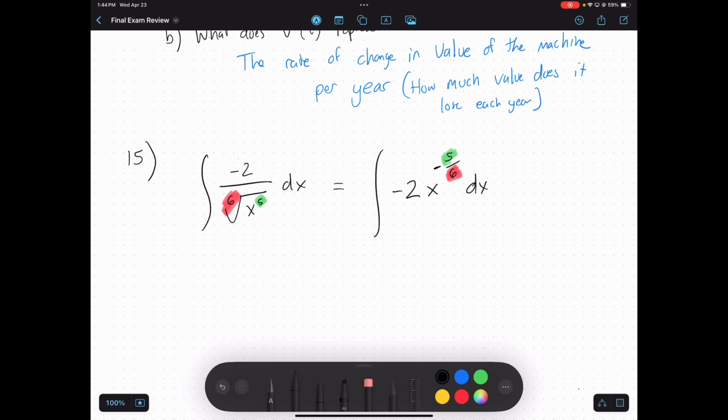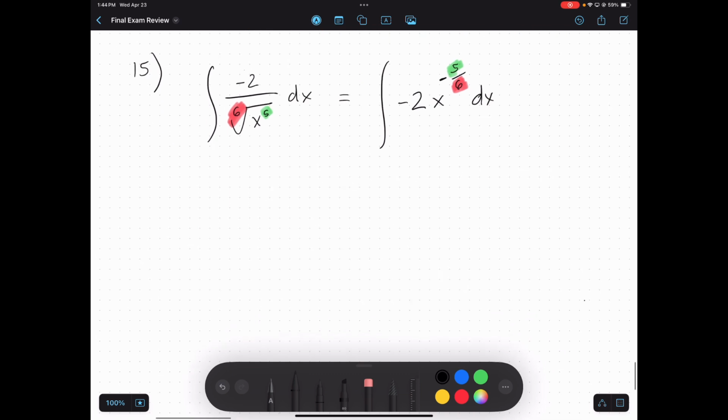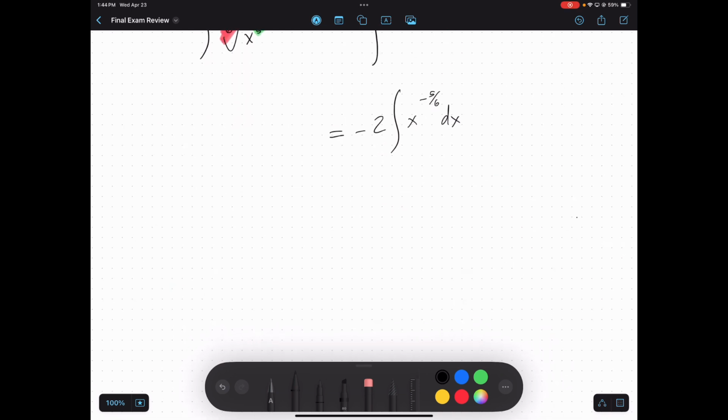Okay, very nice. So now that we've rewritten it like this, what type of function is this? Just a power function. Right. So I can just use my power rule on it. I can rewrite it with the -2 outside the integral, so I don't have to worry about the -2. I can just focus on the x to the -5/6.